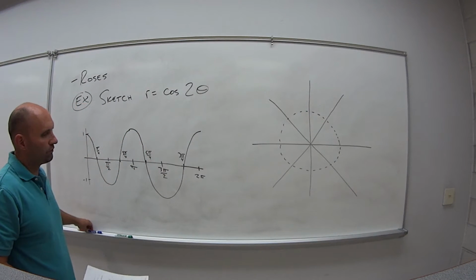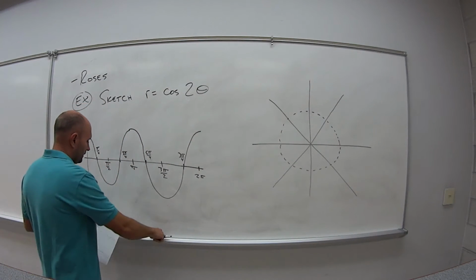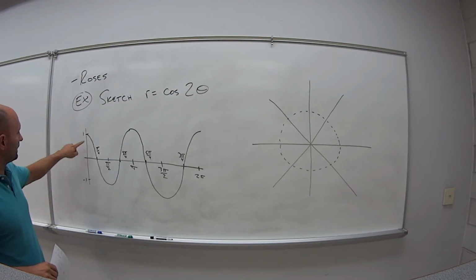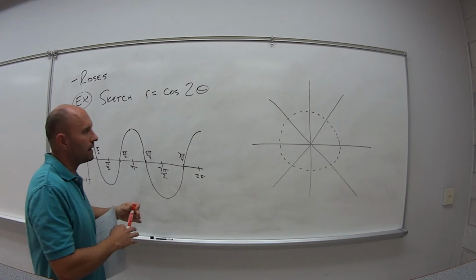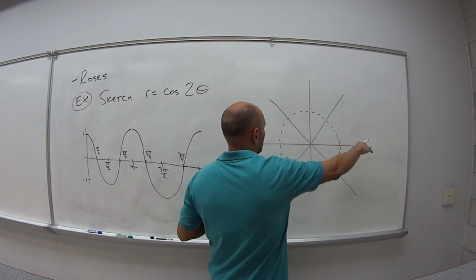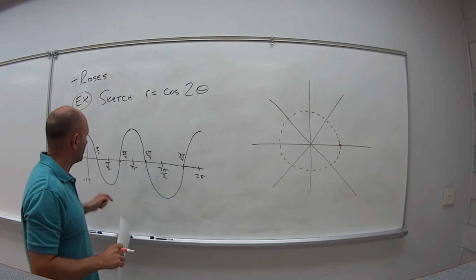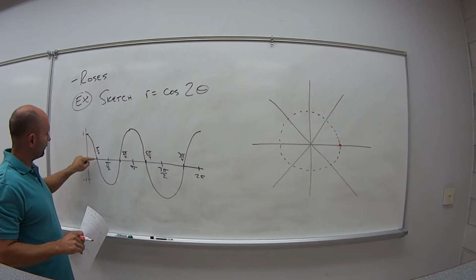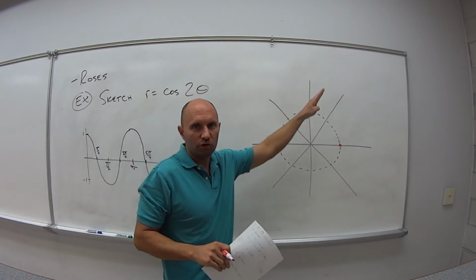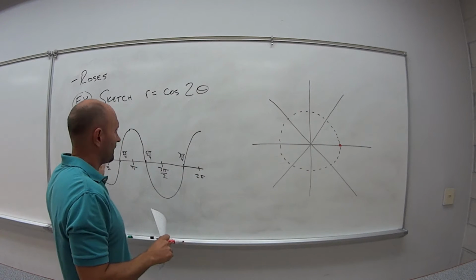So now let's go ahead and start plotting these points. The first one, when I'm at 0 radians, I'm a distance of 1 unit away. So at 0 radians, 1 unit gives me a point there. I get closer to 0 so that at pi over 4, which is this 45-degree line, I'm back at 0.